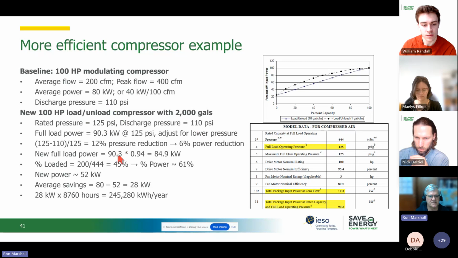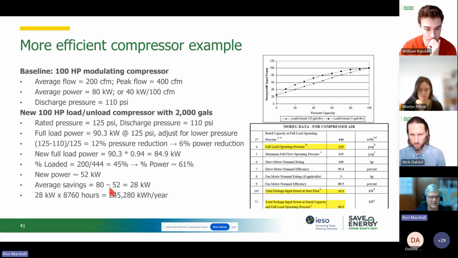So some adjustment has to be done for lower power, right? We reduce the pressure by 6% and adjust this fully loaded kilowatts based on that calculation. This would be the new power, right? Average savings, 80 minus 52, 28 kilowatts.